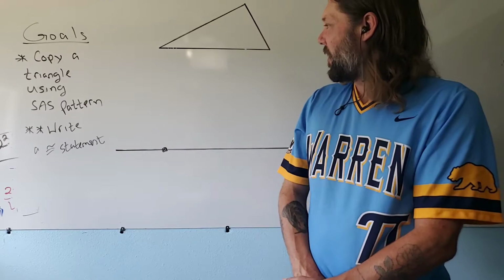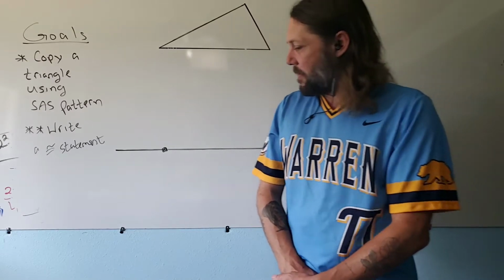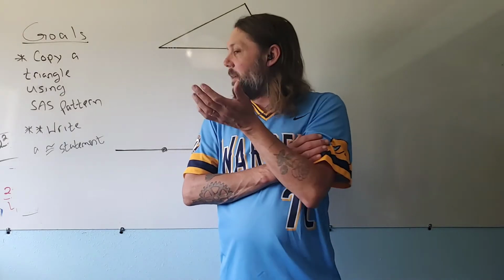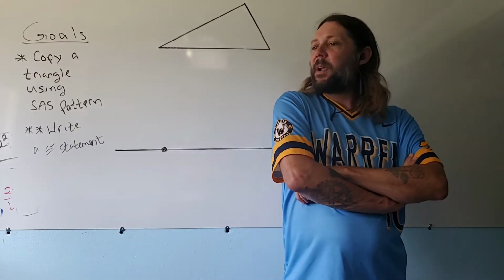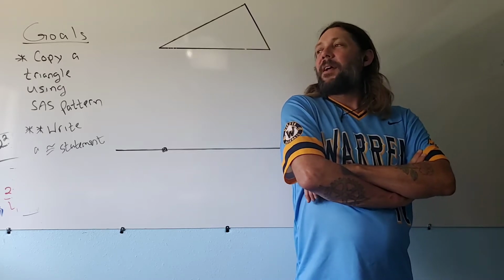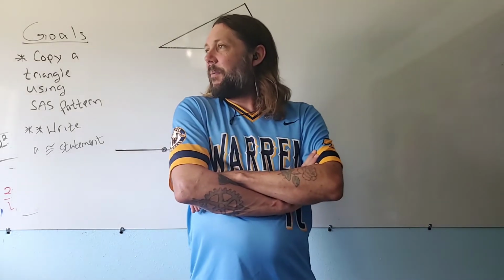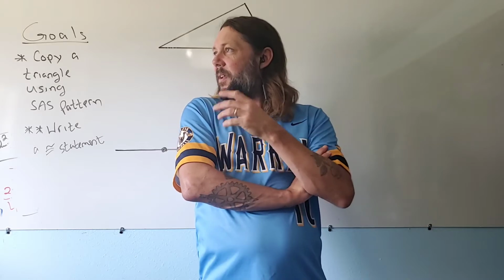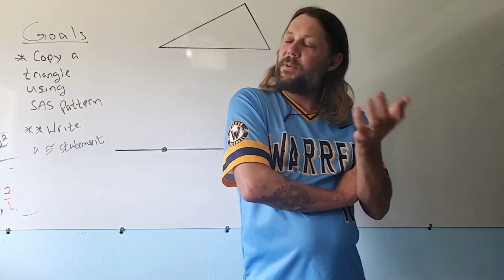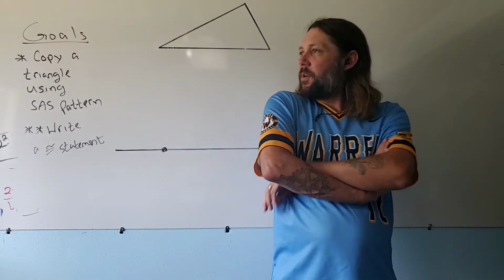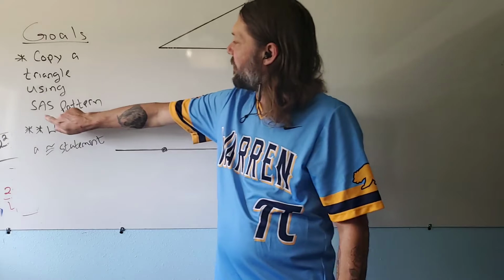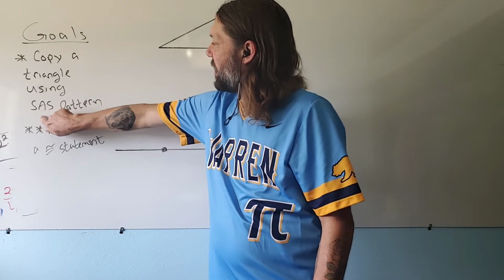So let me get into today's goals. Remember, we've been talking about triangles and congruence, and we've seen a pattern on how to make identical triangles called the angle-side-angle pattern. With that, you could copy an angle, copy a side, copy an angle, and you would build an identical triangle. So I'm going to talk about another pattern. It's called the SAS, or the side-angle-side pattern.